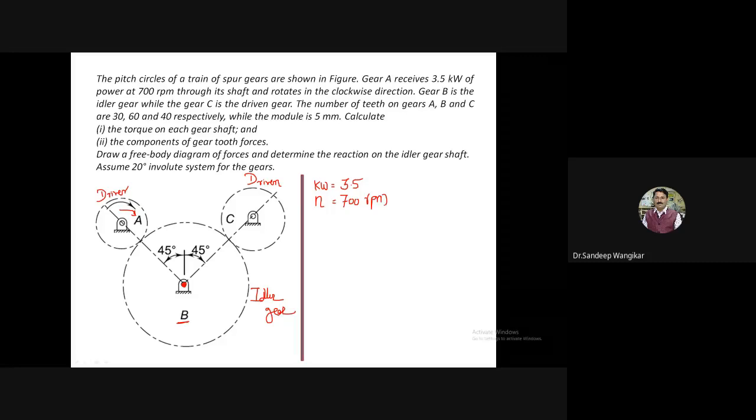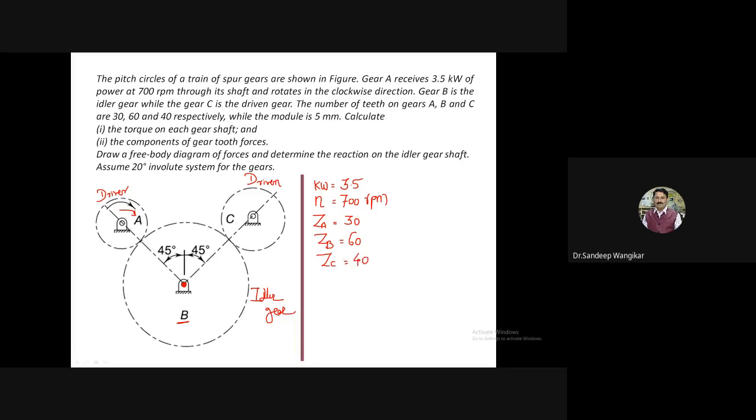Then we have written in the diagram which is the driver, which is driven, and which is idler. The number of teeth are given for A, B, C. So number of teeth on gear A, ZA is equal to 30. Number of teeth on gear B is equal to 60, and number of teeth on gear C is equal to 40.